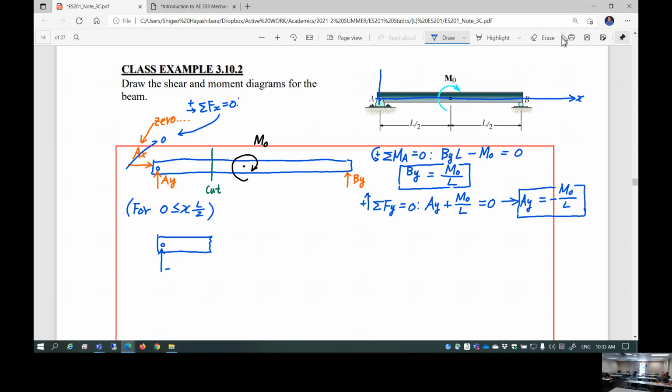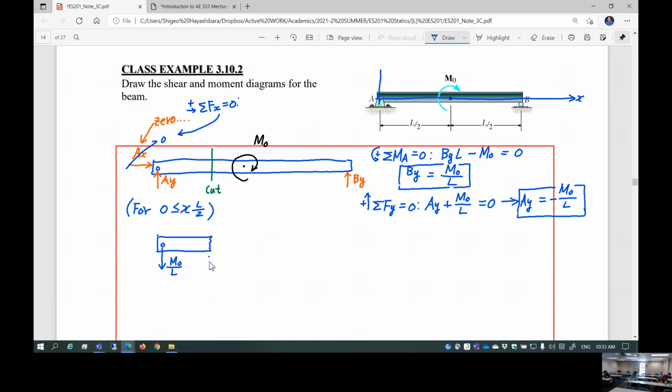Well, it's negative, so that's just a flip-flop. Sorry about that. So we got a negative value, that means the direction is this way. So flip-flop the support reaction, and then let's remove the negative sign. M0 over L is the support reaction at point A because it's negative.